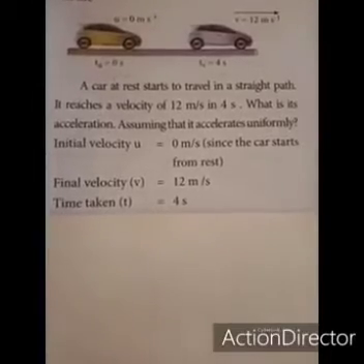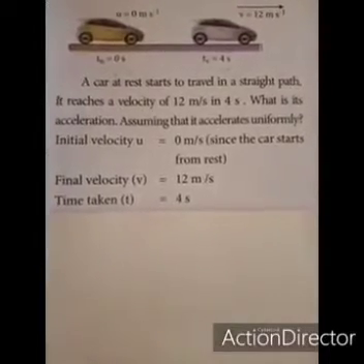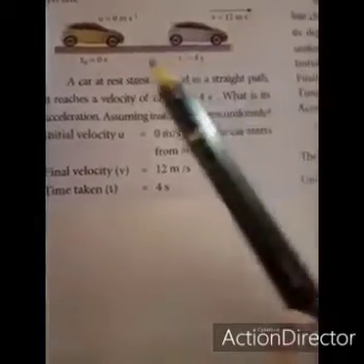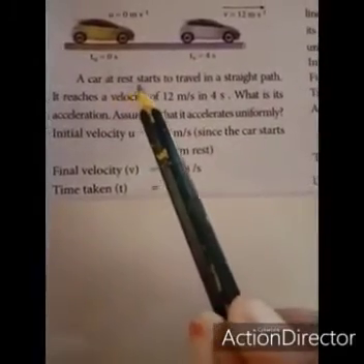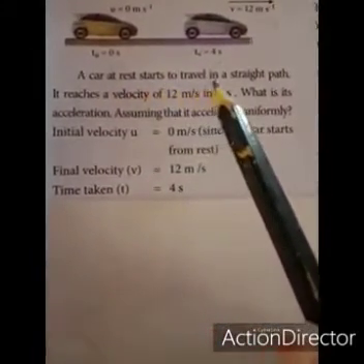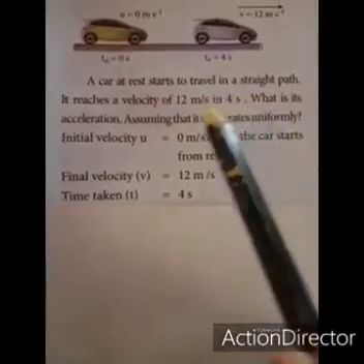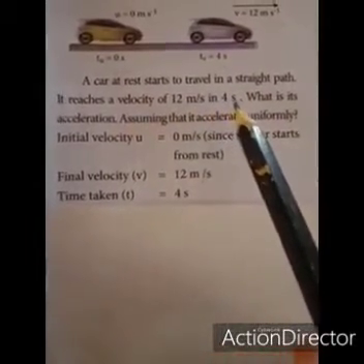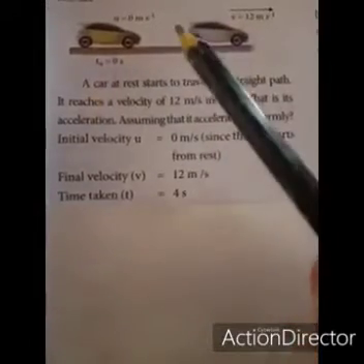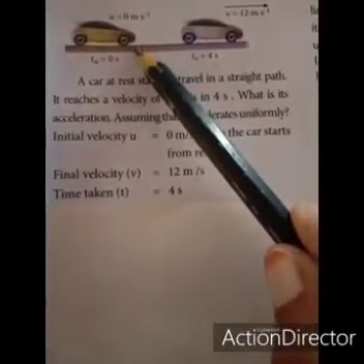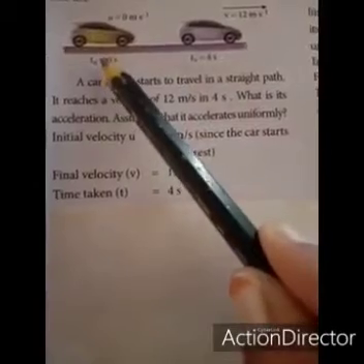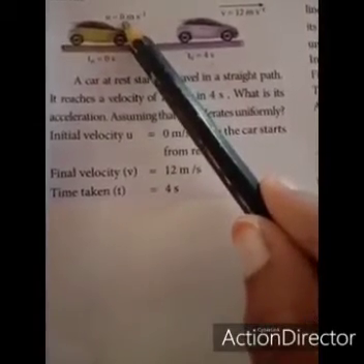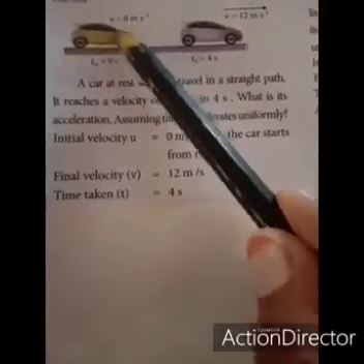Here we are going to calculate acceleration. A car at rest starts to travel in a straight path. It reaches a velocity of 12 meter per second in 4 seconds. Here the car is at rest, so its initial velocity is 0.